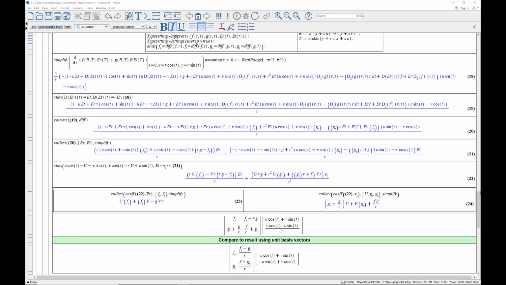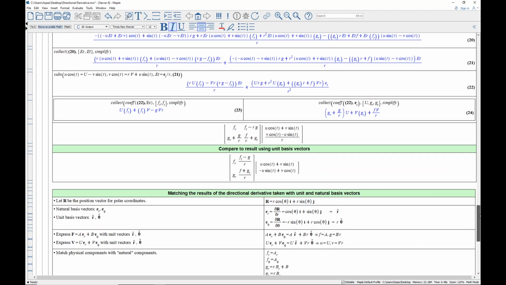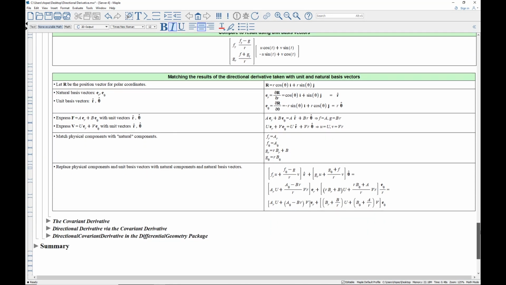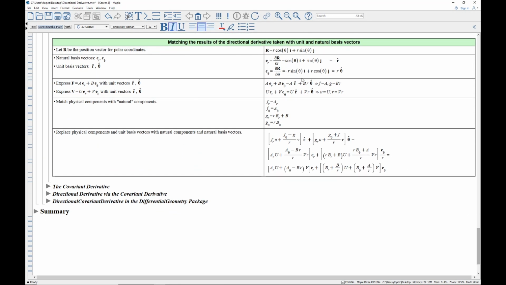It's nice to compare the results you get with unit basis vectors and natural basis vectors. So here's an attempt at reconciliation. Position vector, r cos, r sine. Little e, that's a natural basis vector. It's the same as the unit vector.